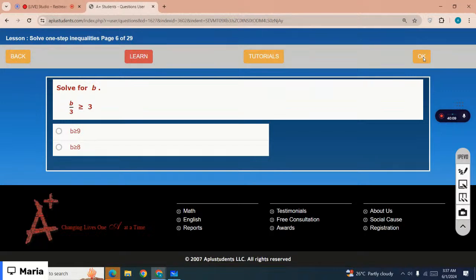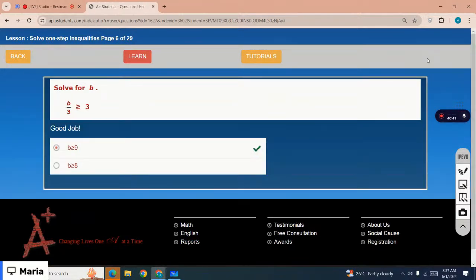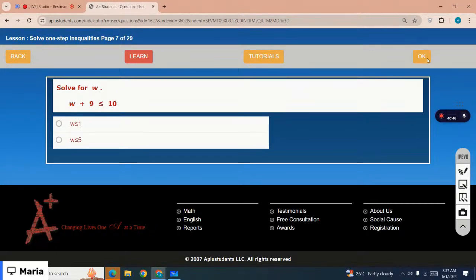Solve for b, which is the correct option. Correct.